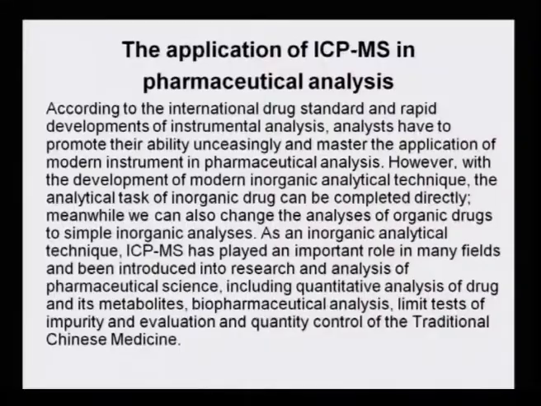The application of ICP-MS in pharmaceutical analysis. Time and again I have said that ICP-MS is the ultimate machine. Why? Because it can do a variety of analysis with very high sensitivity and great precision.